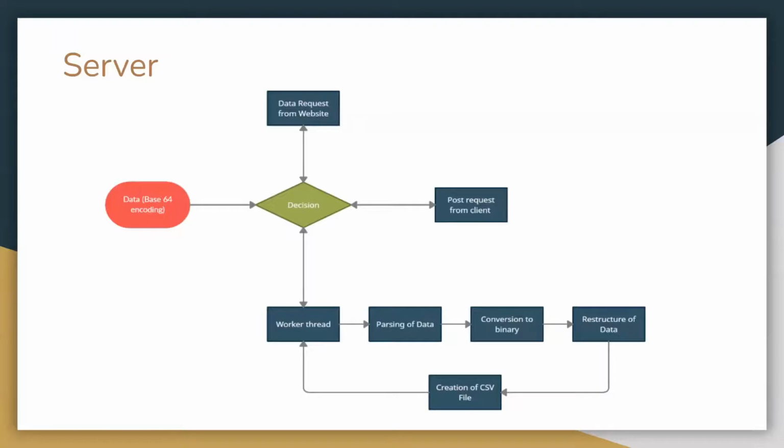Again, there's a worker thread that maintains the whole parsing of the data, conversion of the data, and the structure of the data. Since the data has already been encoded in base64, it is decoded, parsed and converted, and the CSV file is created, which is stored so that in case of a data request from the website, it is able to be uploaded and sent to the website.